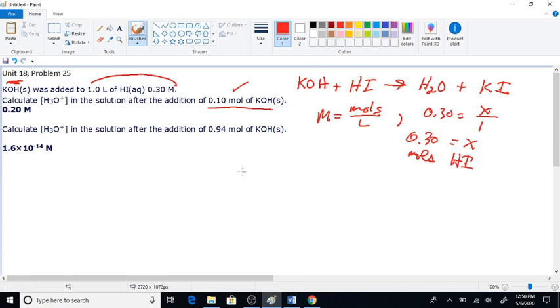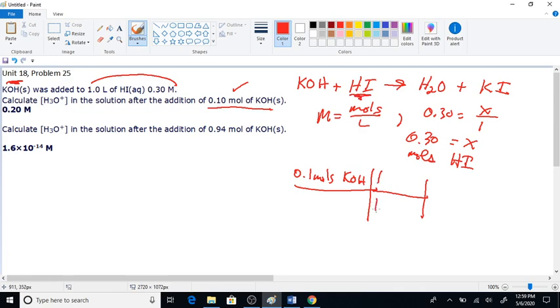So what we're going to do is take the 0.1 moles, that's our limiting reactant, moles of KOH, and we're going to see how much is left. So how much are we going to use of the HI? Basically this is wanting to know how much is left over, and then we need to turn it into a concentration.